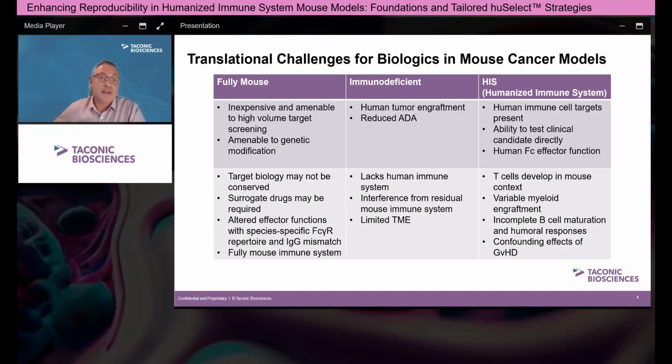Finally, in some of the more advanced models, these can suffer from graft versus host disease, which not only limits the usable time frame that you can study these models, but also introduces confounding effects due to that non-specific xenoreactive graft versus host disease reaction.